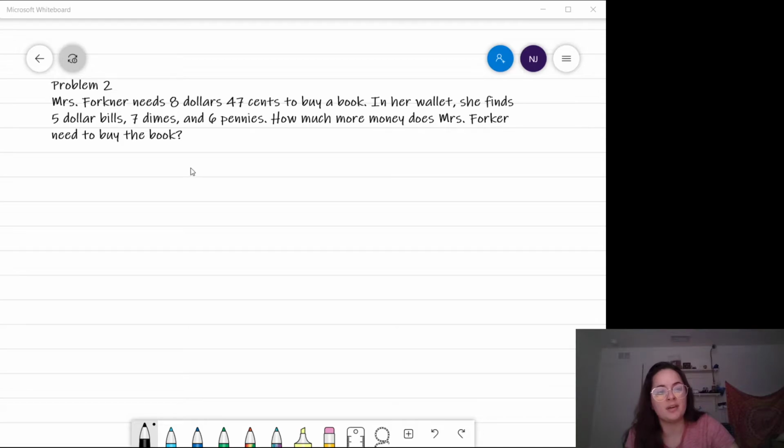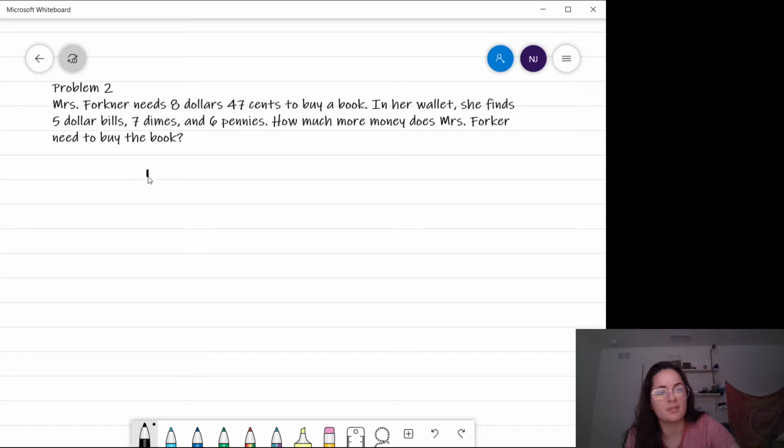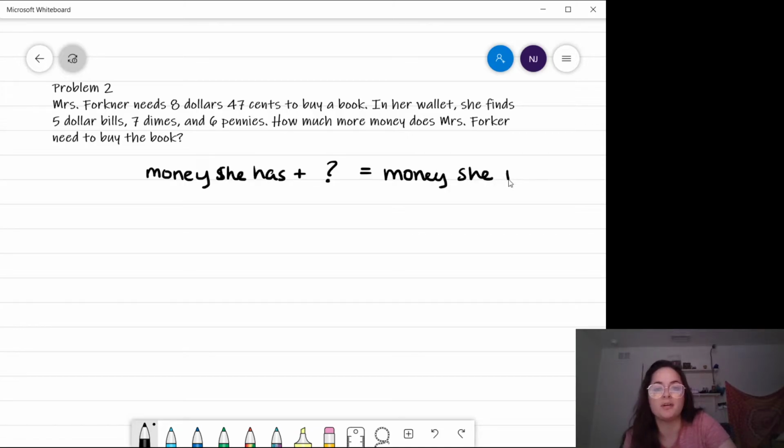So if I'm thinking about this as a problem, I'm thinking the money she has plus what is going to give her the money she needs to buy the book. So she has some money. How much more money is she going to need, and how is that going to equal the money that she needs to buy the book? So how much money does she have?